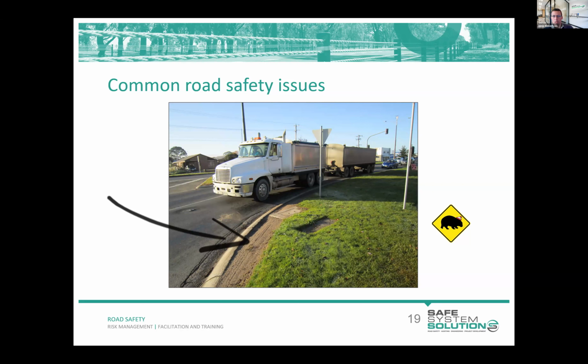It's not necessarily an issue to do with a lack of space. There could be something else at play, perhaps excessive speeds around the corner there. So it's not necessarily all about swept paths, but these are the types of things as auditors that you want to be keeping an eye out for.